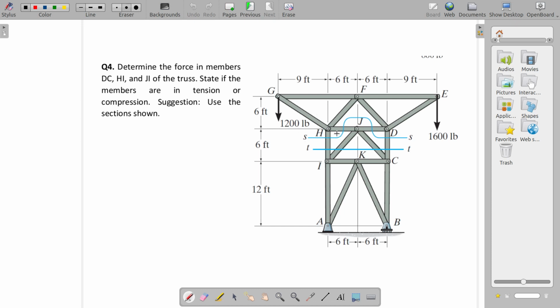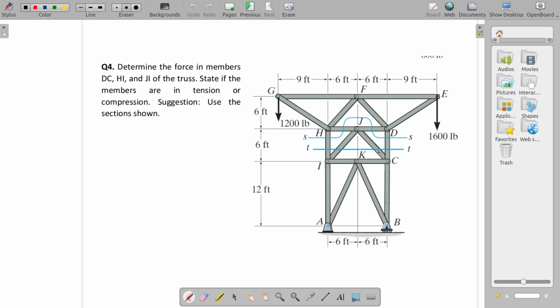You need additional equations, so that's why we are taking an extra section. The extra section should be made in such a way that our unknowns are involved in it. So the second section SS is cutting HI and DC, which we need. In addition to that, it is cutting extra 2 members.